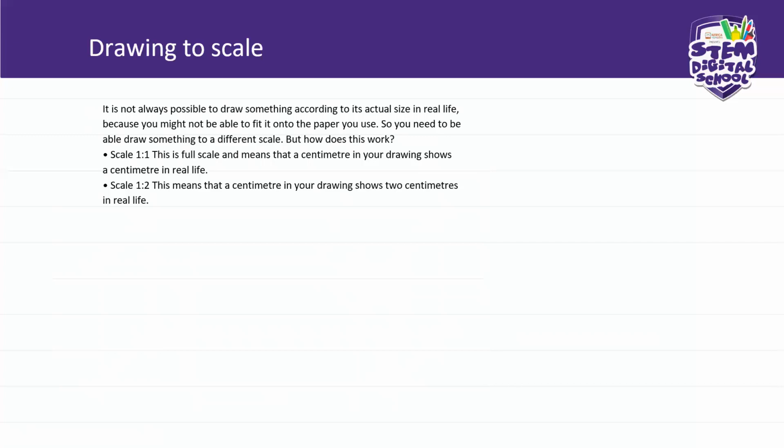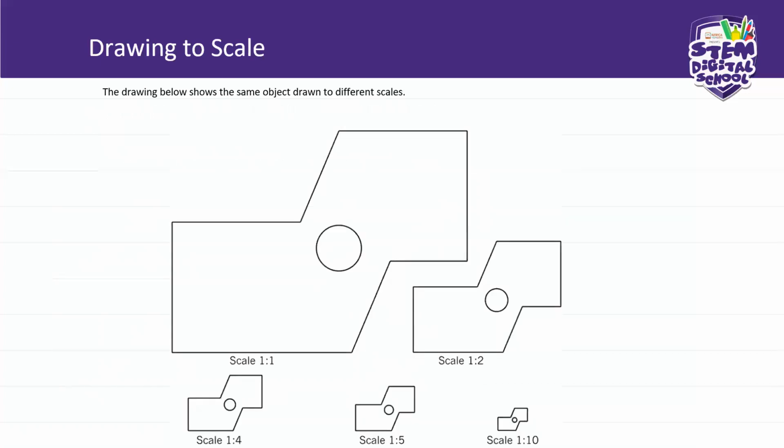Okay. Why do we use the scale? The reason is quite obvious. It's because we cannot represent objects that we want to draw in their actual size on a piece of paper, but we need to be accurate. Imagine, for instance, a house or a building. A building is very big.